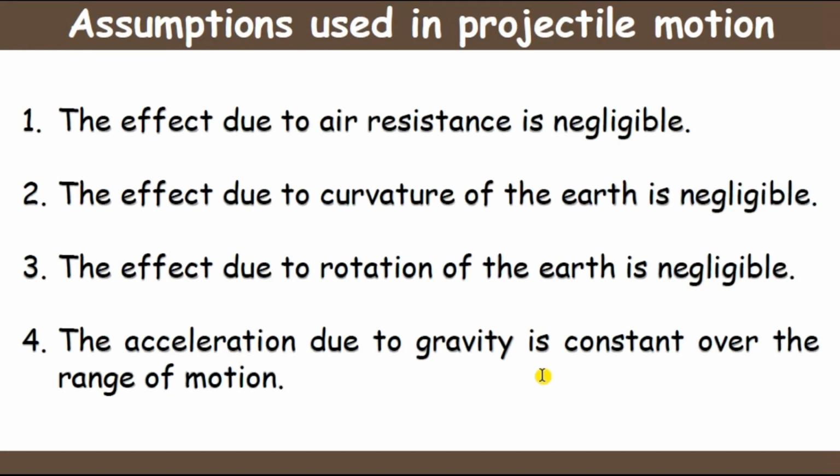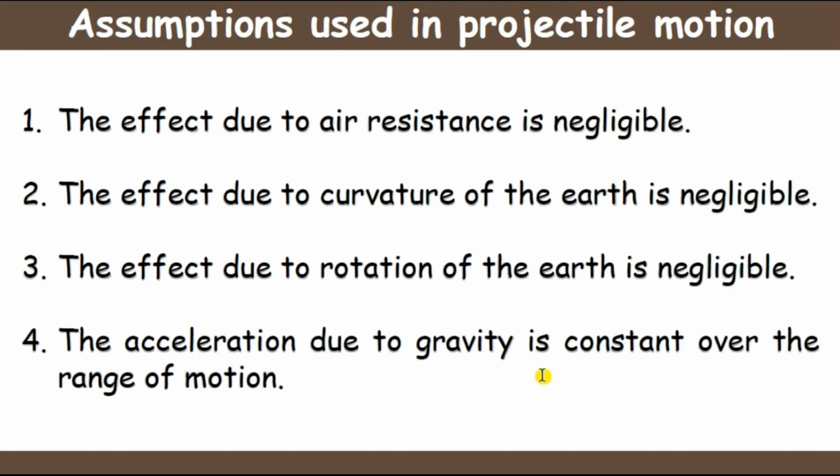Then the acceleration due to gravity is constant over the range of motion. The meaning of this is that gravity on the earth's surface is 9.8 meters per second squared, right?